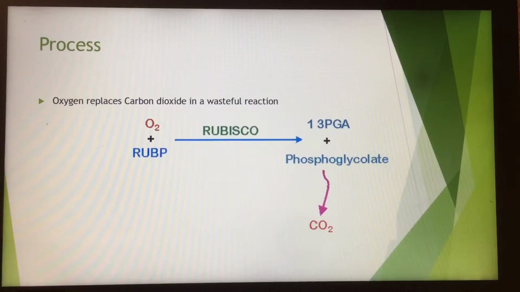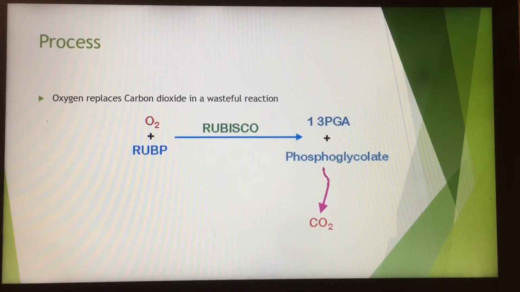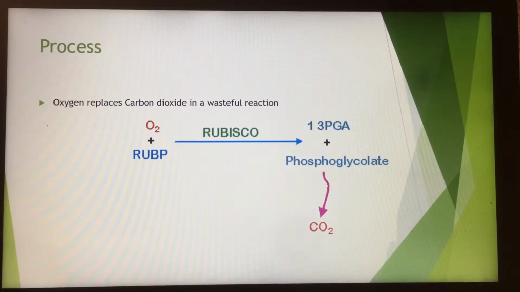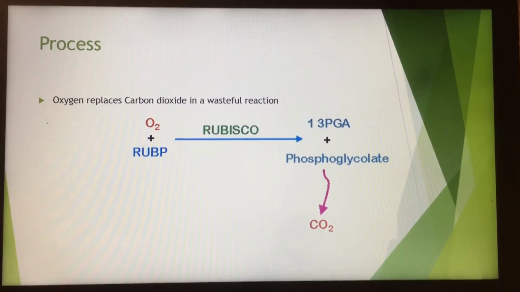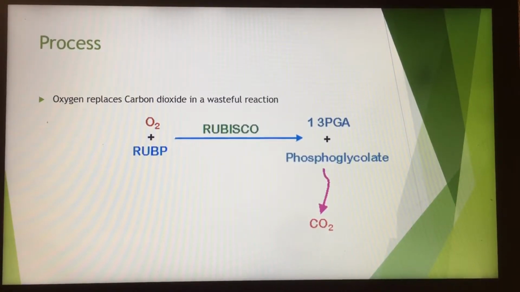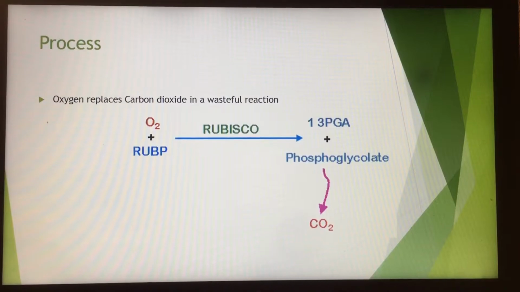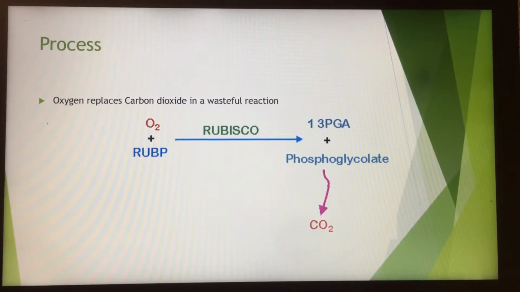Okay, so here's the process of photorespiration. Oxygen replaces carbon dioxide in a wasteful reaction. As you see, ribulose biphosphate is oxygenated and forms two carbon molecules containing phosphoglycolate and three carbon molecules containing phosphoglyceric acid.